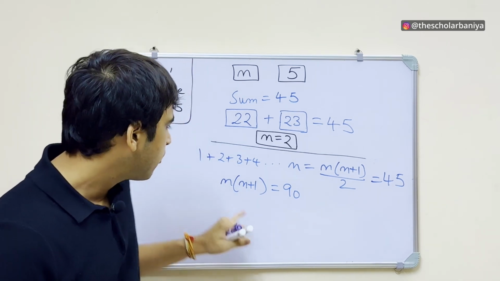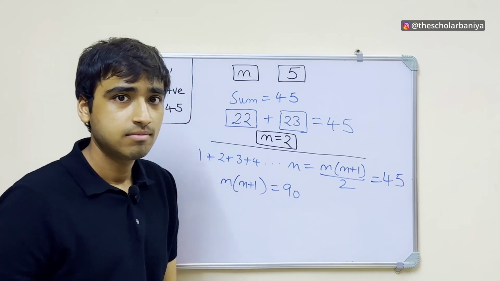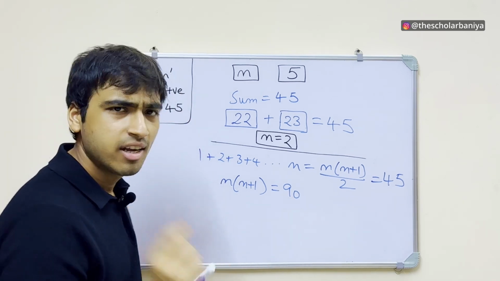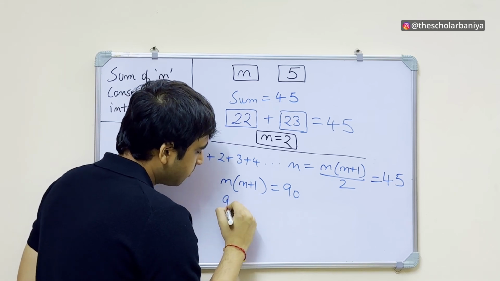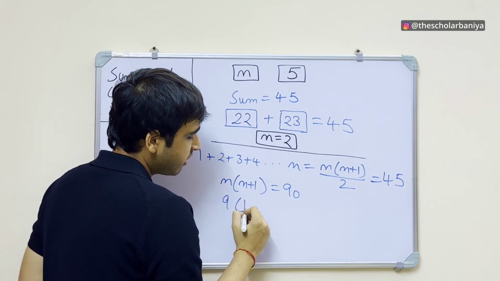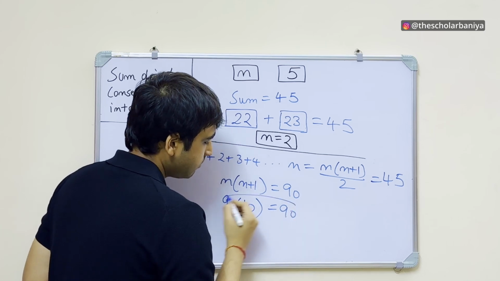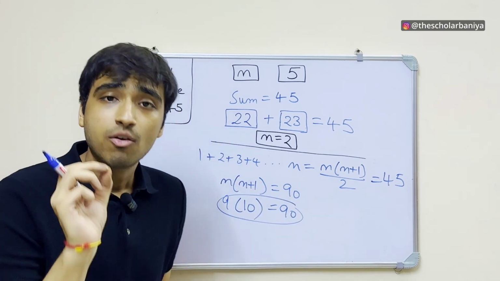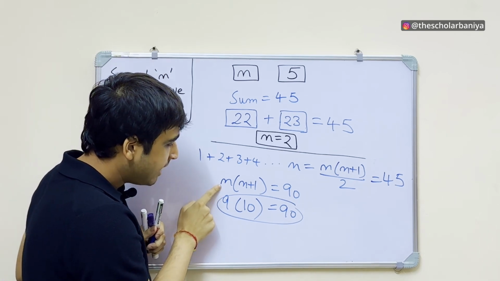Now can you think of two numbers such that their product is 90? Yes, we can, right? If you use a little bit of brain, you will realize that if n is 9, then n plus 1 will be 10, and 9 into 10 is 90, right? What does this mean? This means that the value of n is 9.